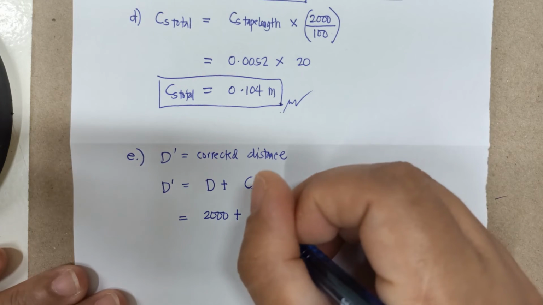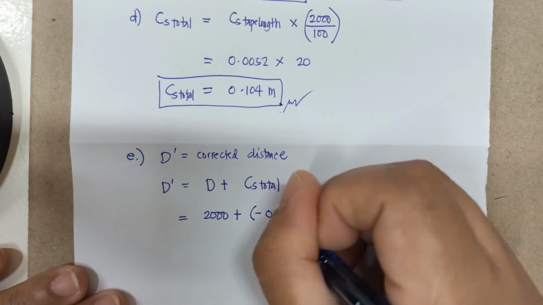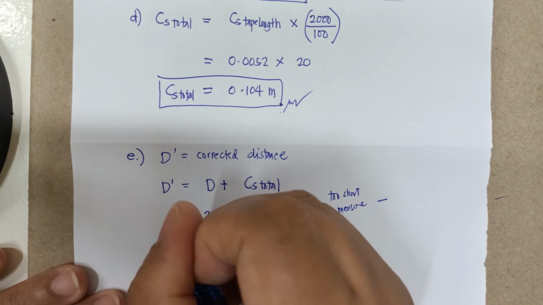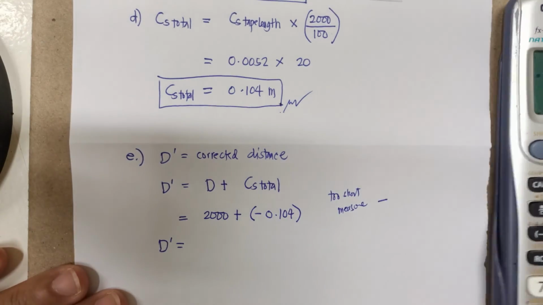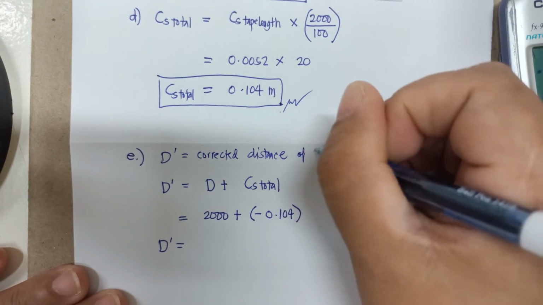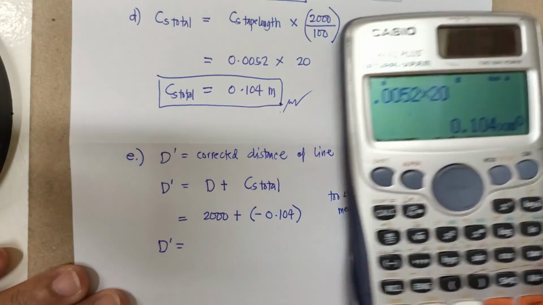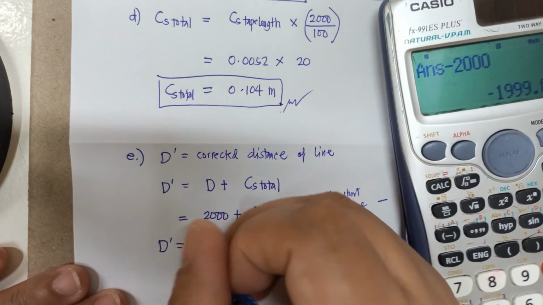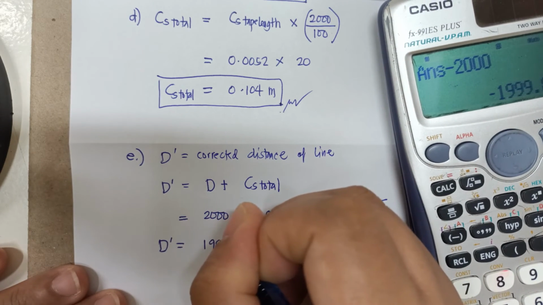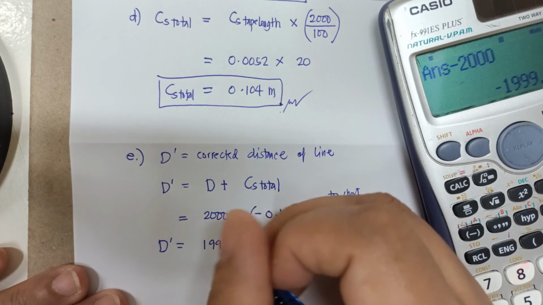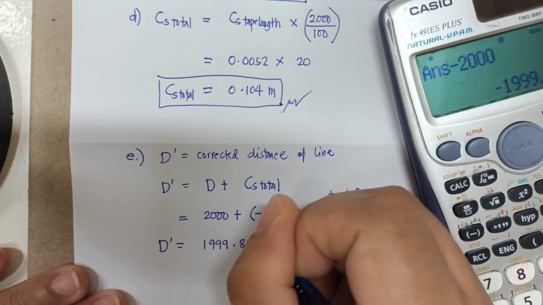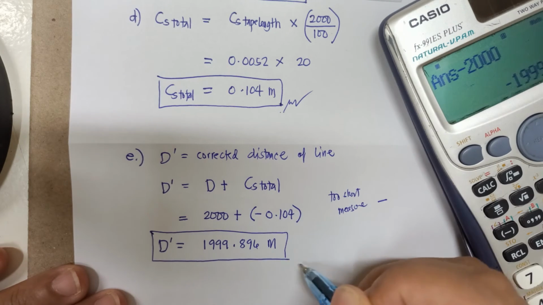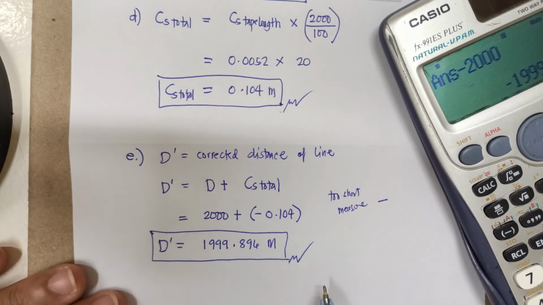Therefore you have negative 0.104, and the corrected distance of the line is equal to 2000 minus 0.104, which gives 1999.896 meters. So this is the corrected distance for the measured length.